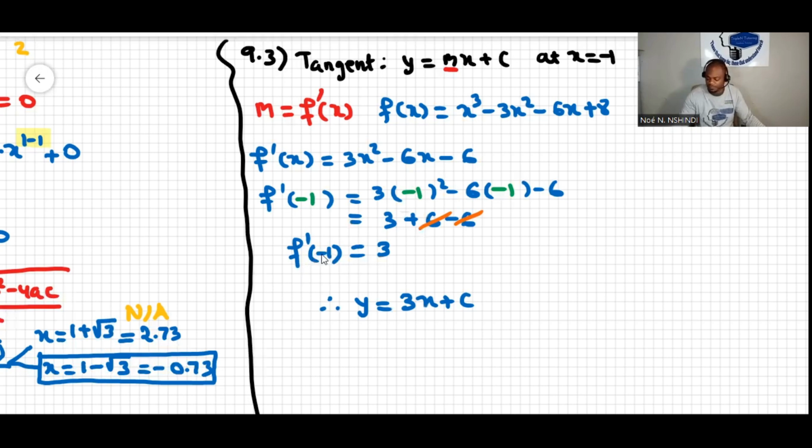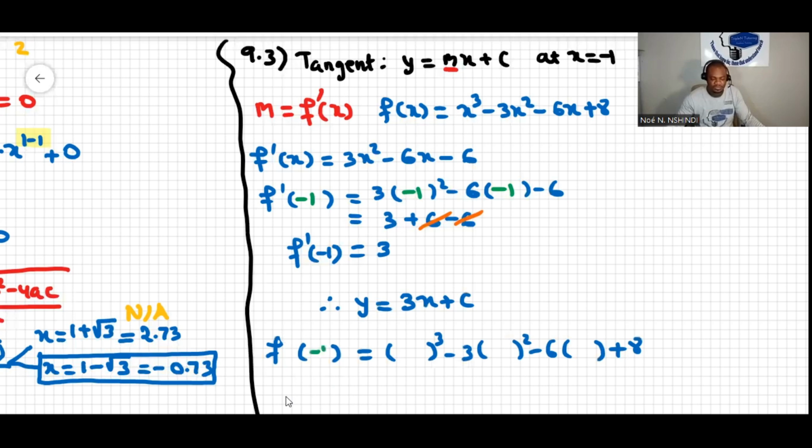Now let's find f of negative 1. f of negative 1 will be equal to x cubed minus 3x squared minus 6x plus 8. Sorry, not f prime, I meant to say f of negative 1.